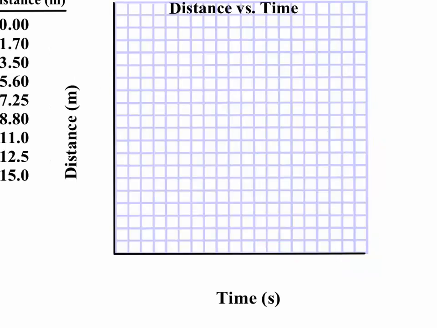So jumping back to my graph, okay, my first data point was at 0.00, so I'm going to start right over here in the lower left of my graph. Okay, and I'm just going to put the numerical value, and the way that I have this set up is I'm going to skip 5 boxes for every 1 second. So this would be 1 box, 2 box, 3 box, 4 box, 5 box.